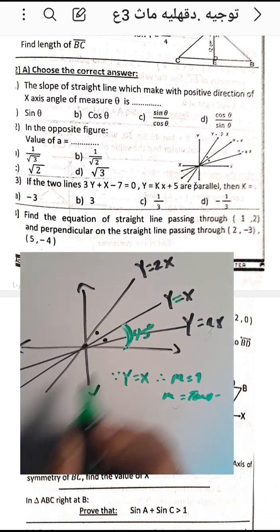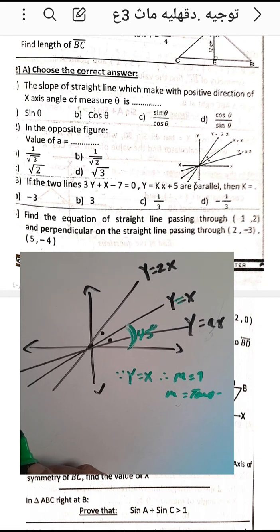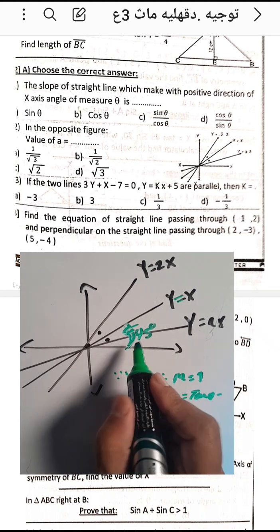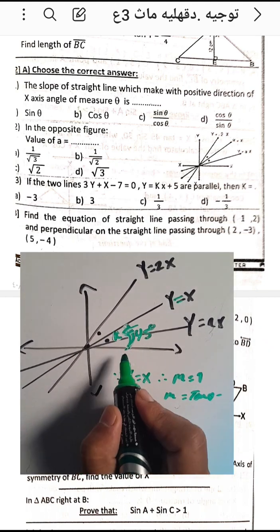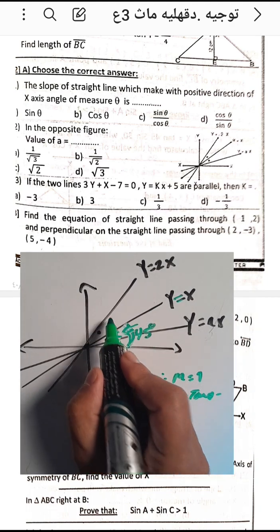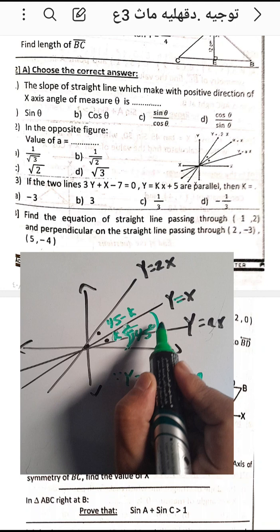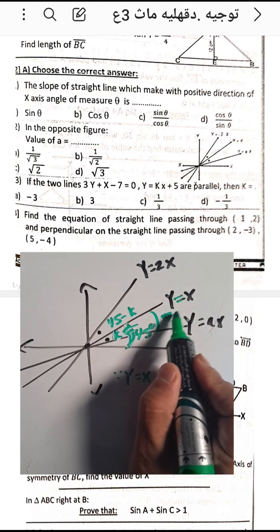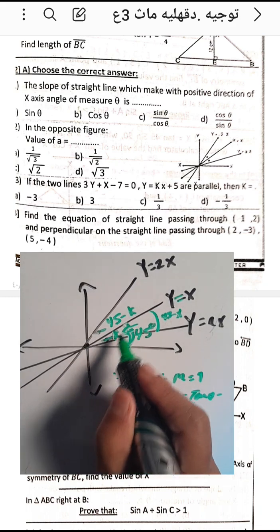Then the measure of this angle, put here k. This angle will be 45 minus k, and this angle will be 45 minus k equality.